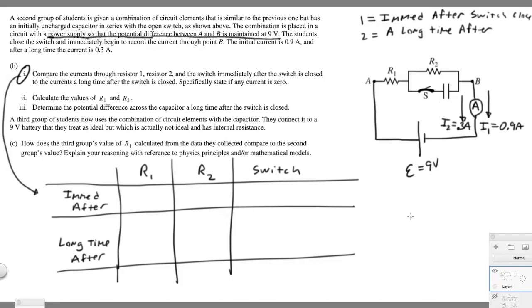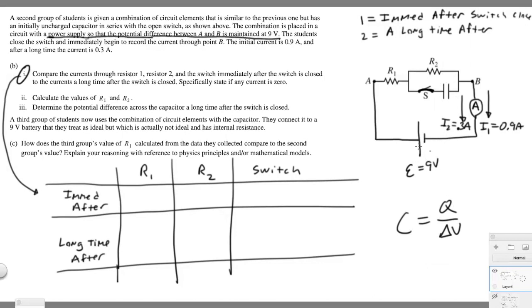Well, capacitance is charge over voltage. So solve this for voltage. If there's no charge on the capacitor, there's no voltage across it. So when the switch first closes, the voltage across the capacitor is 0.